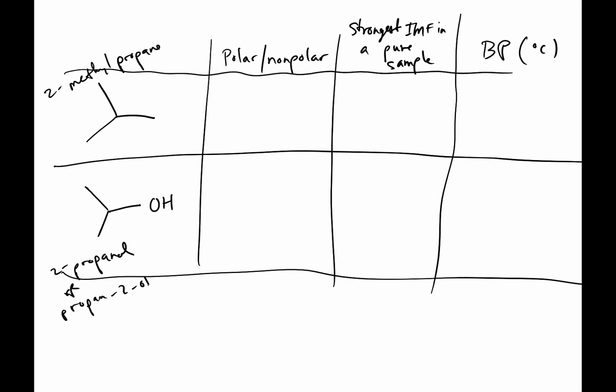Both are acceptable. Now, I need to add this up, I guess, real quick. 12, 20, 40. This is about 58 grams per mole. Again, back to that size thing. They need to have similar molar masses. And this one would be about 60. So they're really close. A couple of molar mass units, again, those are close.